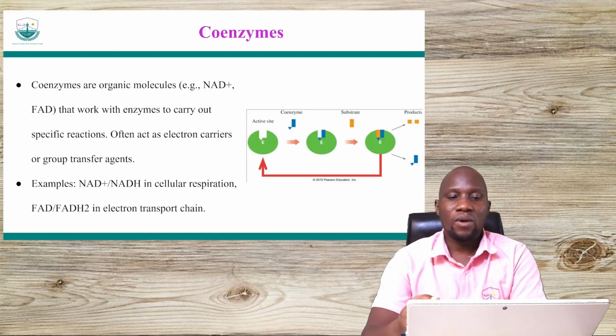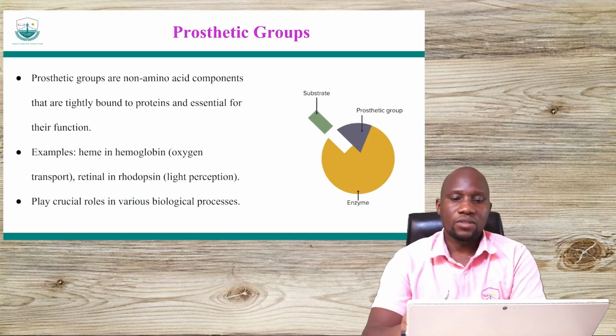And then when we talk about coenzymes, that is when we talk about the organic molecules that are needed for the enzyme to carry out their functions. Okay, so NADH is one of the examples, and FAD is also one of the examples of coenzymes.